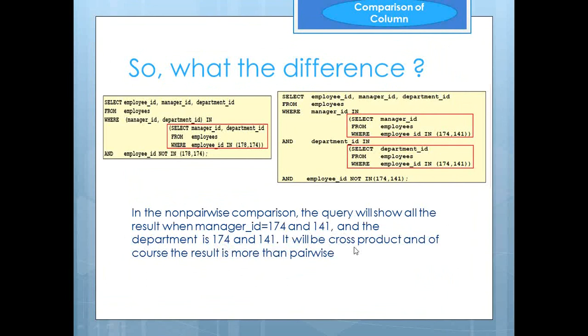It will be a cross product, and of course the result is more than pairwise, because every result of the subquery will be crossed with each other, different from pairwise. So this is the difference.